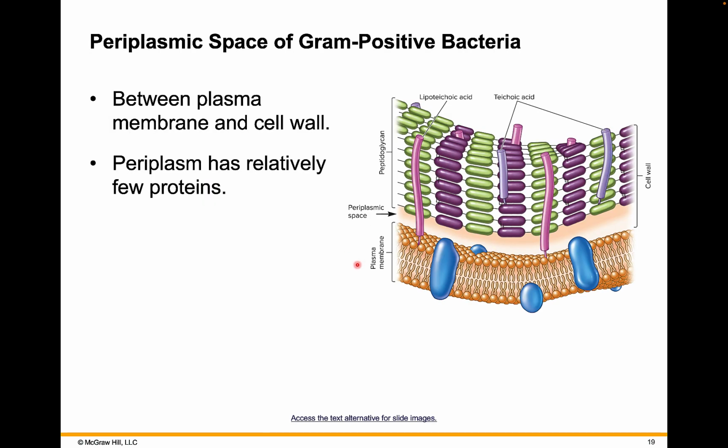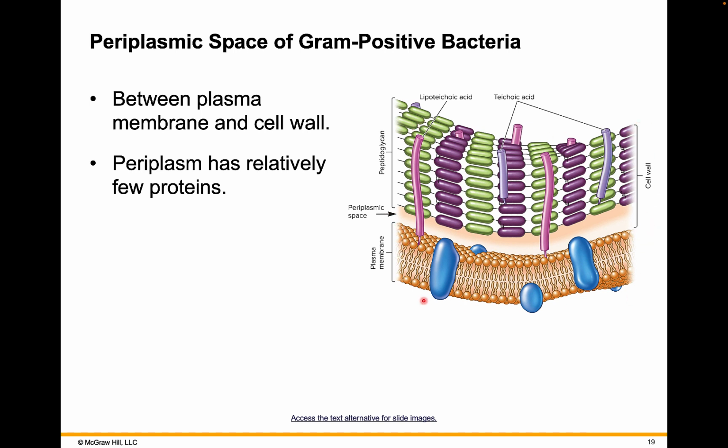Here you can see a couple of examples of the teichoic acid. This is basically a wall teichoic acid, you can easily see. And right here is a lipoteichoic acid, where it is associated with the plasma membrane and goes to the peptidoglycan layer. So this is basically the structure of a gram-positive cell wall.